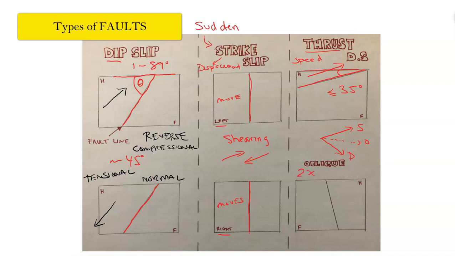You're going to have either a reverse or normal dip slip movement in this oblique fault, but also a portion of strike movement. Could be reverse and strike, left or right, or normal dip movement plus left or right. So there are two movements involved in this fault.